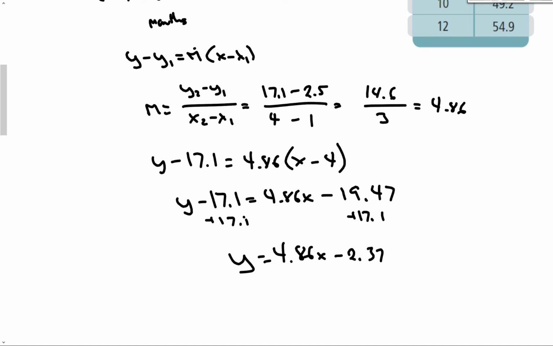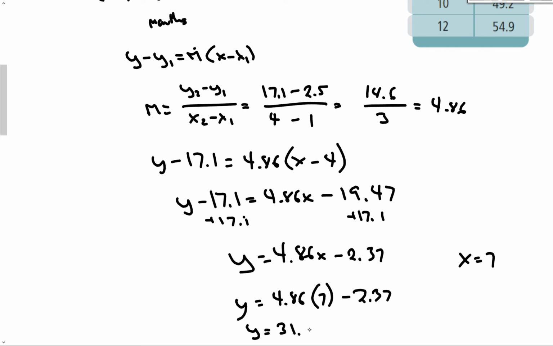Now, there's my equation, right? Slope-intercept form. If I want to find a 7-month panda, I just plug in 7. So y would be equal to 4.86 times 7 minus 2.37. Calculating this, 4.86 gives me about 31.6.